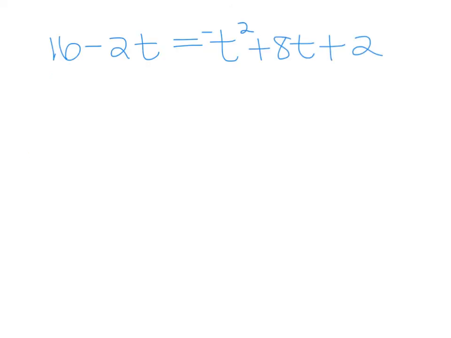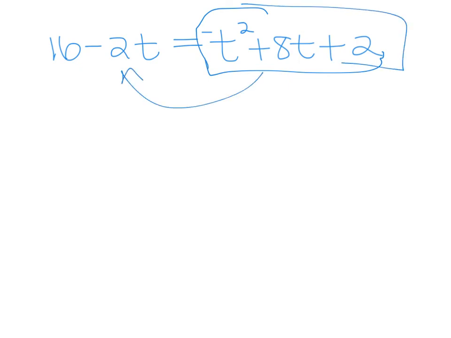Alright, so we have 16 minus 2t equals negative t squared plus 8t plus 1. I'm going to collect all the terms on the same side, so I'm going to move these 3 terms on the right side of the equation over to the other side. So I'm going to add t squared, so the t squared will be positive. I'm going to subtract 8t from both sides.